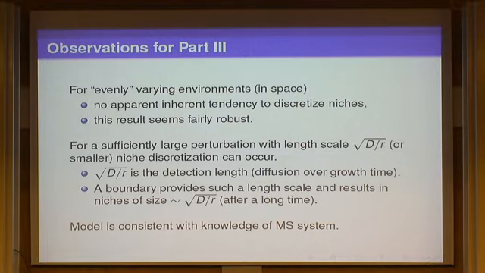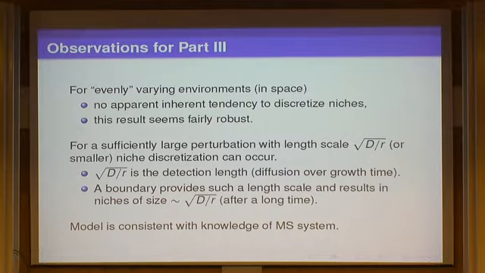Okay, so just to summarize, what we see for evenly varying environments is that we don't see any kind of inherent tendency to discretize. But if you have a perturbation of a particular length scale, then you do get this. And the length scale is this.